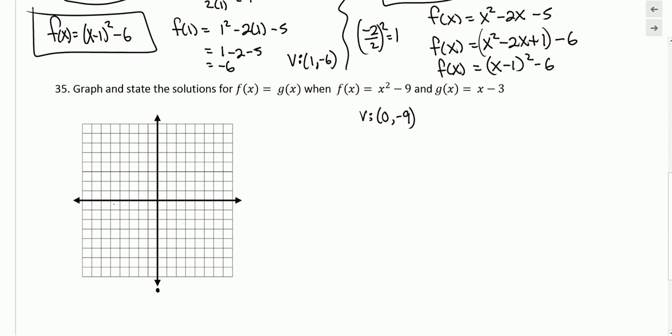And it opens up. Something like this. Here's a little sketch of it. Not perfect, but that's our f of x.